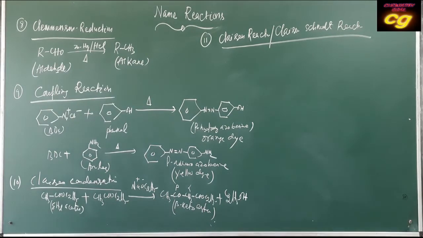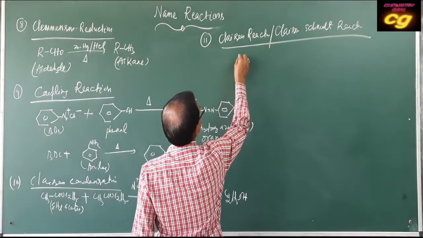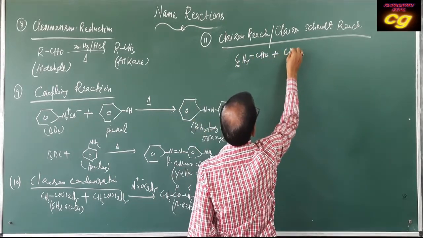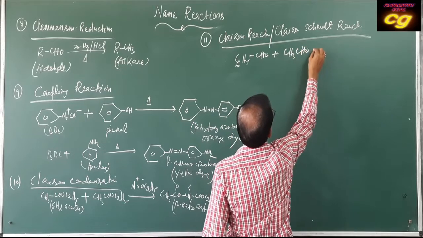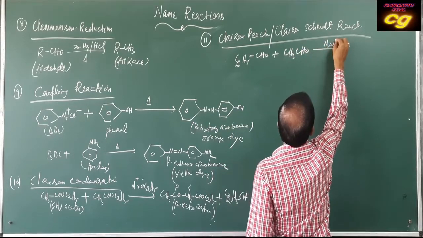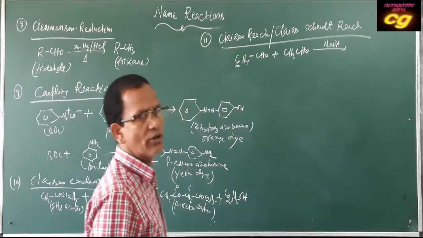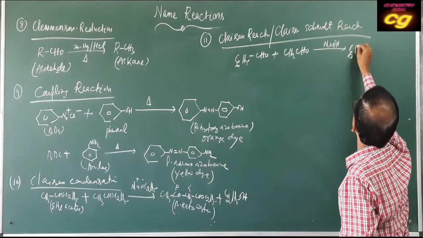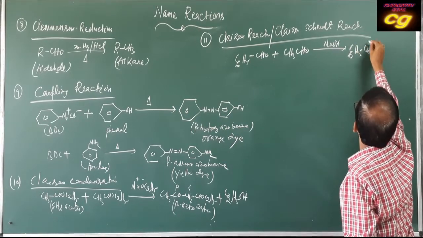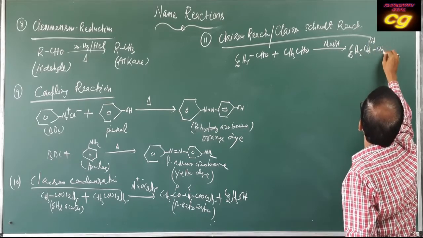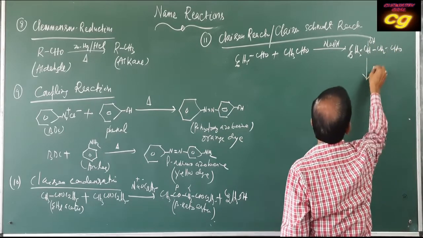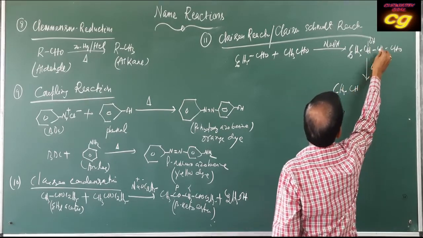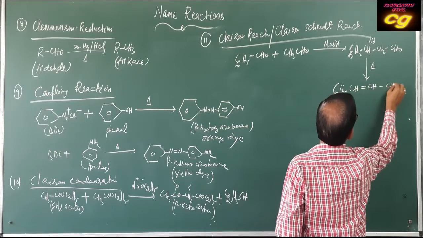Here benzaldehyde, C6H5CHO, in the presence of acetaldehyde and alkali, is just the same as aldol condensation but specific. Here the product will be C6H5CHOH CH2CHO, then on heating the product will be C6H5CH=CHCHO, with loss of water.